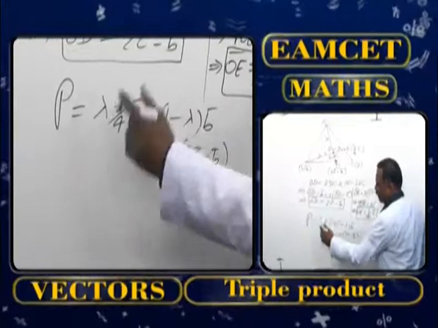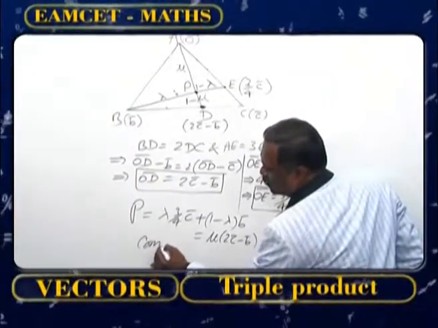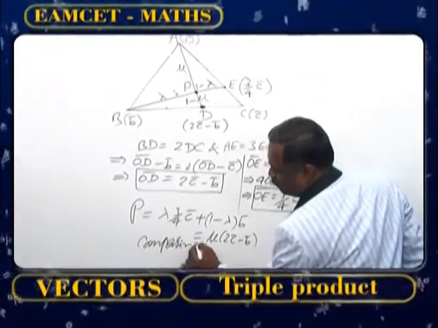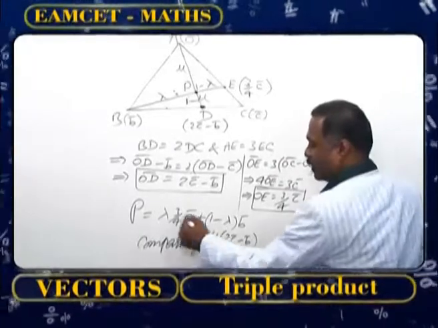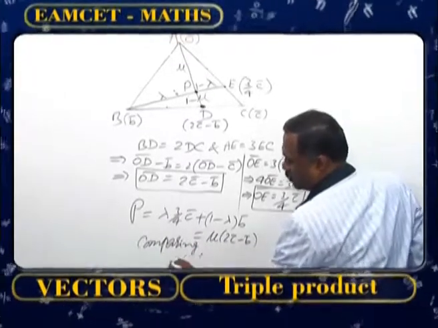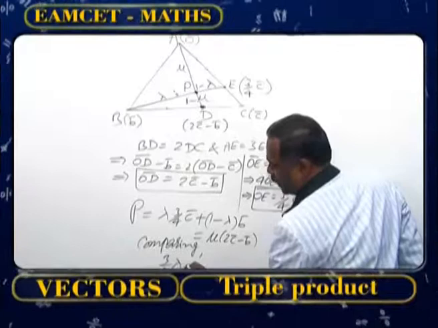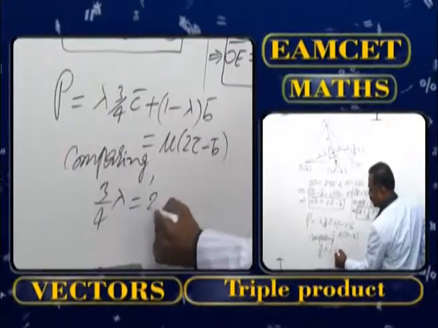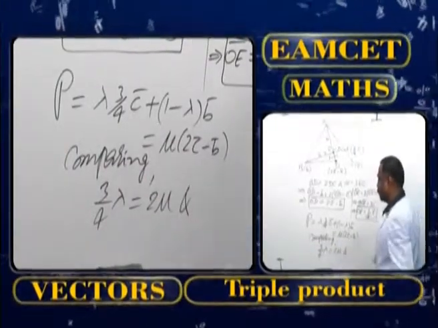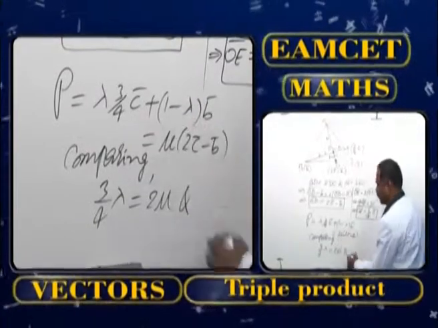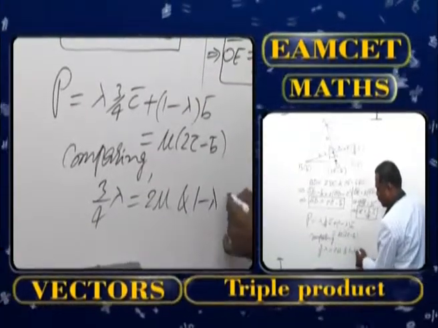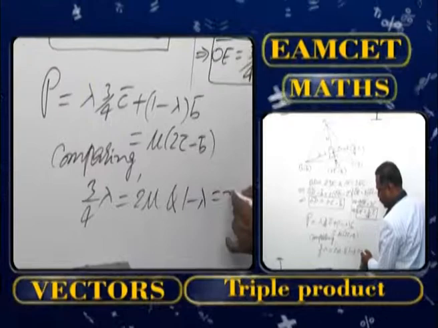Now comparing the like coefficients: the C bar coefficient is 3/4 of lambda on this side, and 2 mu on the other side. The B bar coefficient is 1 minus lambda on this side, and minus mu on the other.